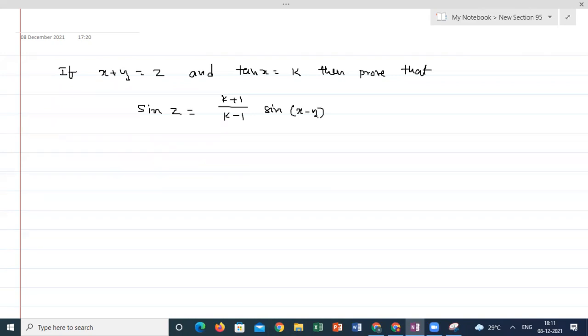Try to solve this question. Use this formula. Convert to sin and cos and try. Tan x is equal to k tan y. Now proceed.